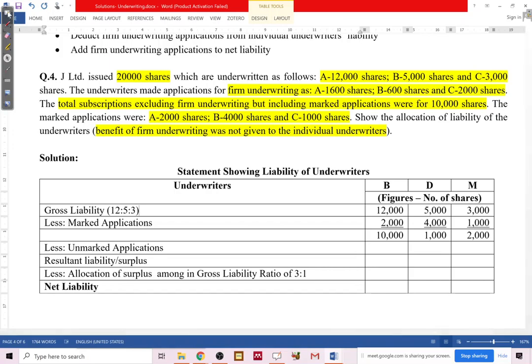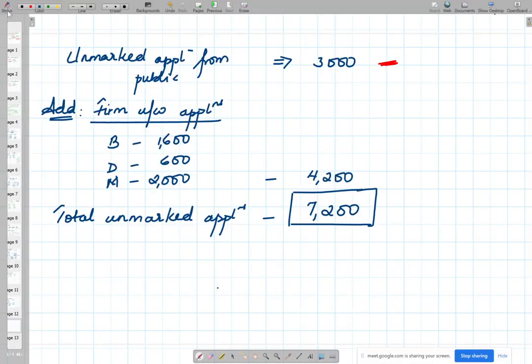This is our ratio, and we will divide this in the gross liability ratio. So, allotted in gross liability ratio, 12 is to 5 is to 3.